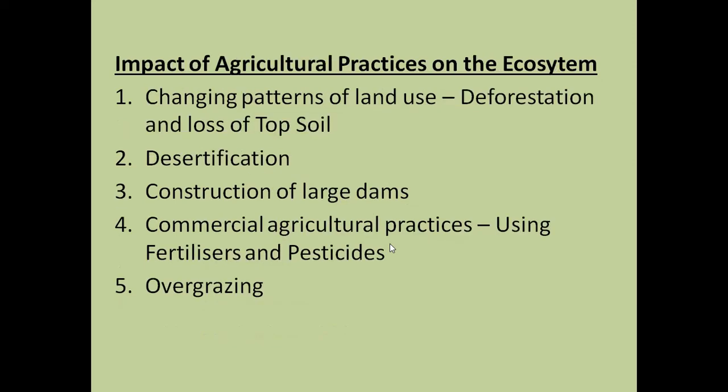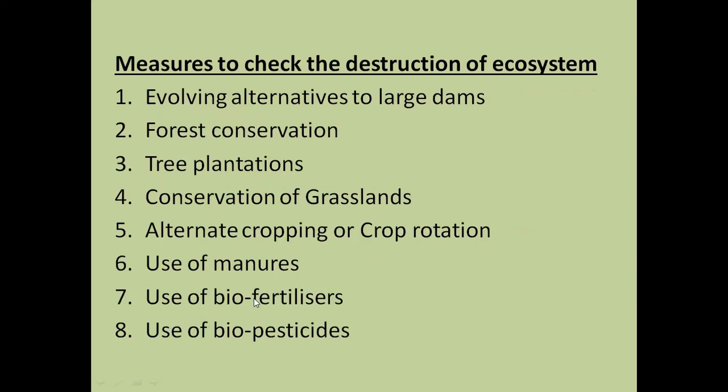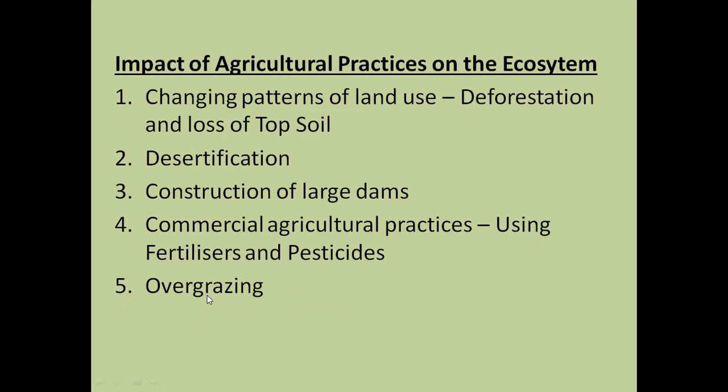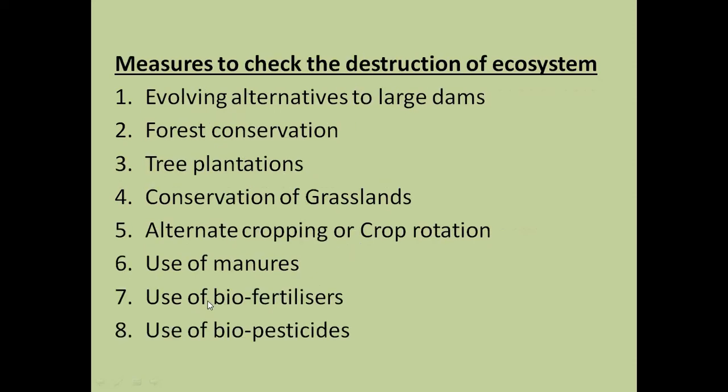We have already discussed here that because of overgrazing, this area can be converted into a desert area. A normal grassland can be converted into a desert because of overgrazing. So we need to have control over the grazing also, to conserve the grasslands.